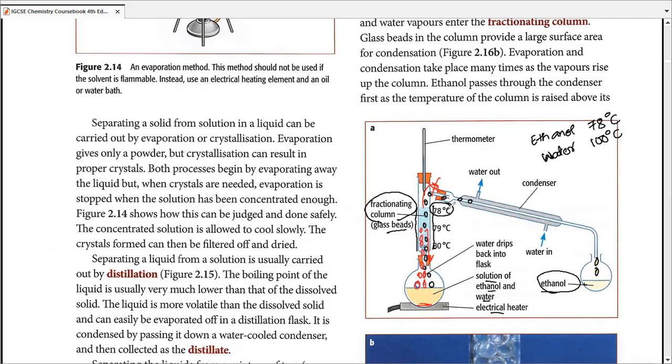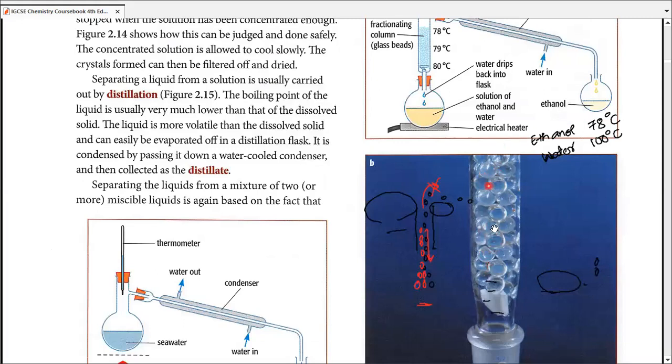What helps us to condense is the structure of this entire fractionating column. Now, take a look at this column. If a vapor needs to pass through this column, it needs to go through like this, right? For a higher surface area, what do we do? We pack it.